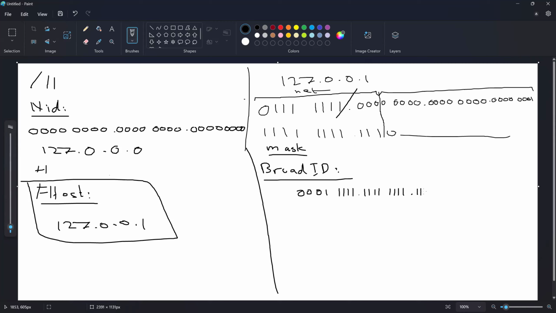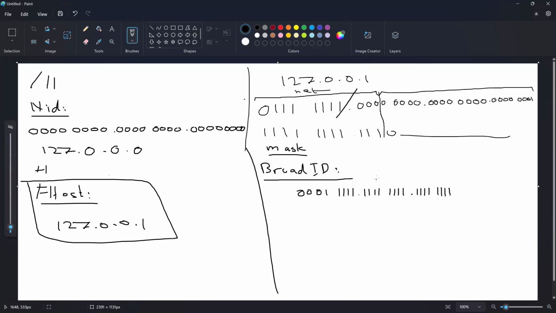That's 256, right? 255. You might have noticed that RGB values are also 8-bit. You might have noticed that RGB maximum value is 255, 255, 255. It gets you white. It's the maximum value in 8-bit.